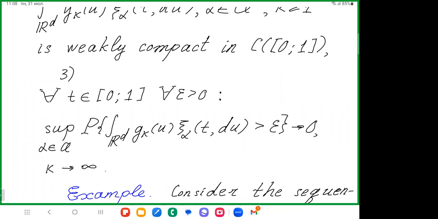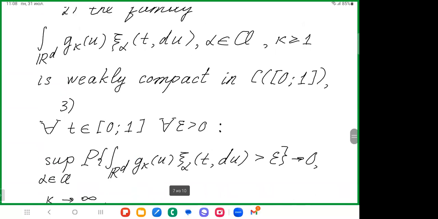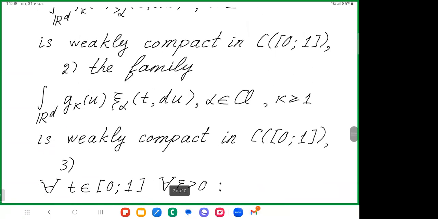Instead of this, we have condition 2, where the doubly parameterized family must be weakly compact. So we move the difficulty to condition 2.